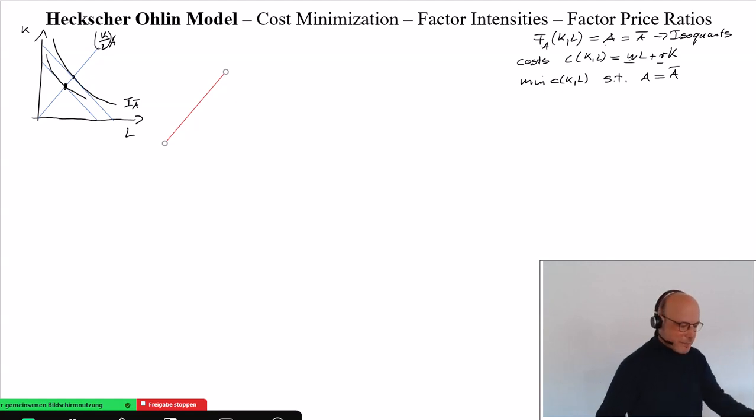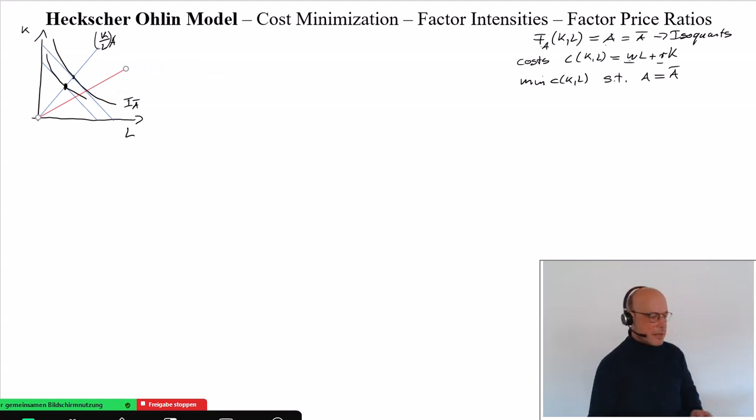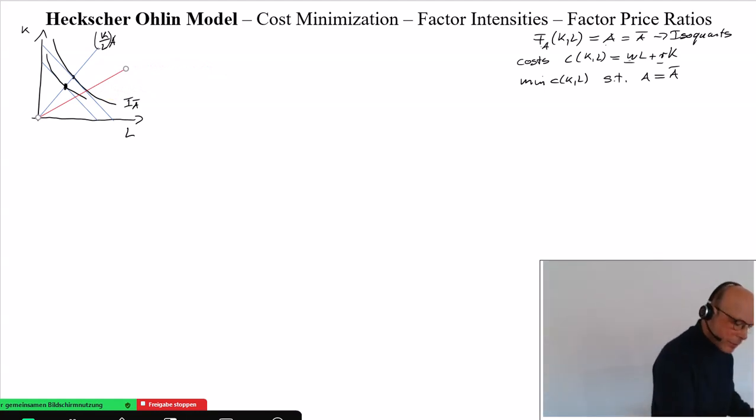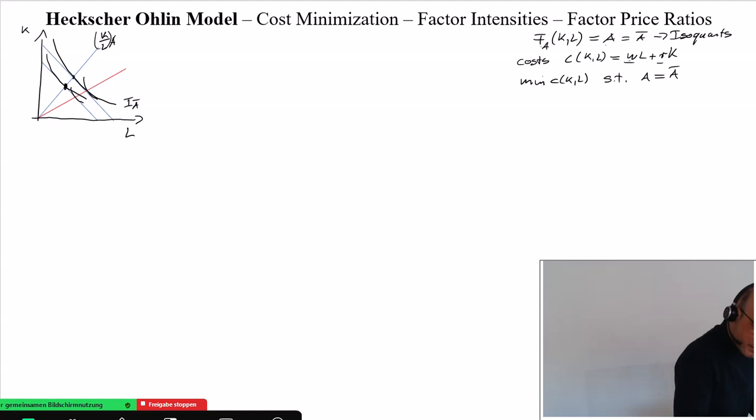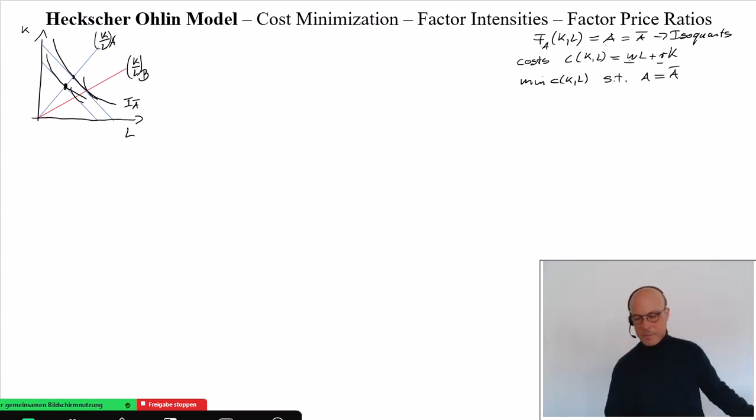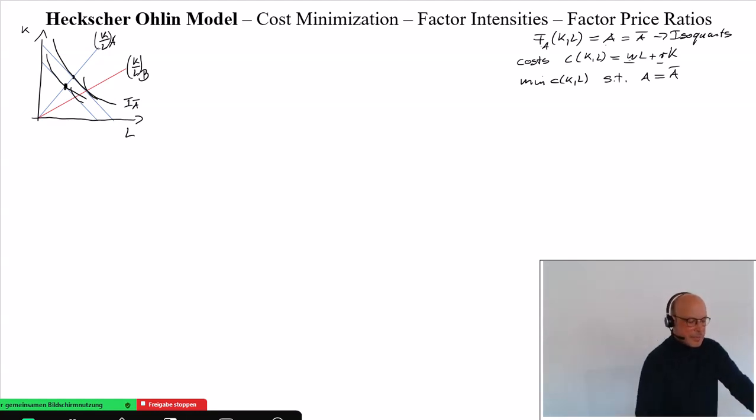Yes, just a flatter line. Of course, we are producing nothing when we have no factor inputs. So it would look like this, and then the isoquants for good B would then be situated here at these points tangent to our cost functions. So this would be then K over L of B. So this is from cost minimization.